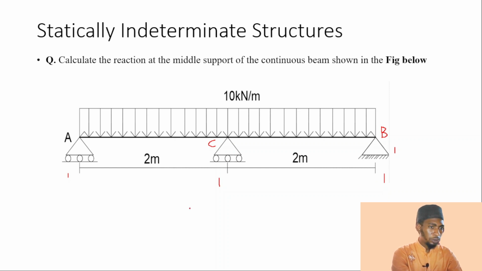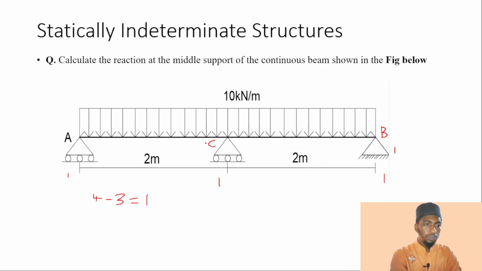That's 1 plus 1 plus 1 plus 1, which is 4. So we have 4 minus 3, which is equal to 1. So this is statically indeterminate to degree 1, which means we have one additional unknown which cannot be determined by the 3 equations of equilibrium.